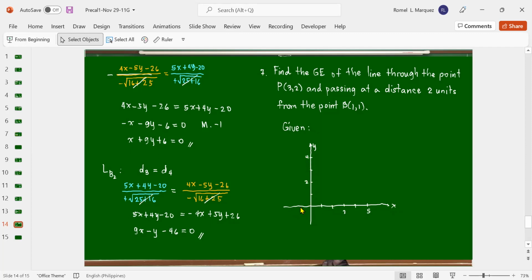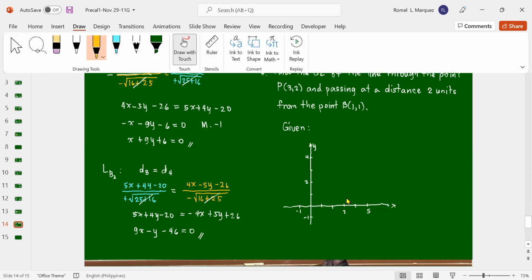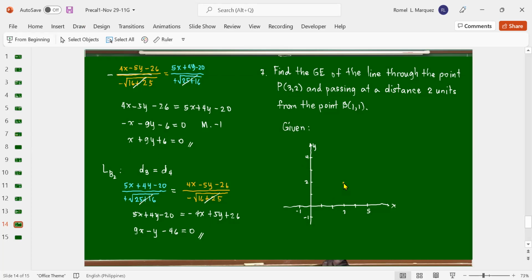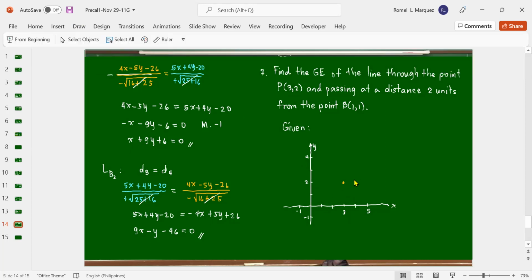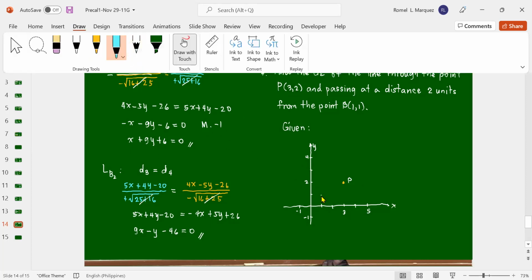This is negative 1, and this is negative 1 also. Okay? So our point 3, 2 is located here. Okay, guys? 3, 2. So this is point P. What about 1, 1? Somewhere here, denoted by point B, no?